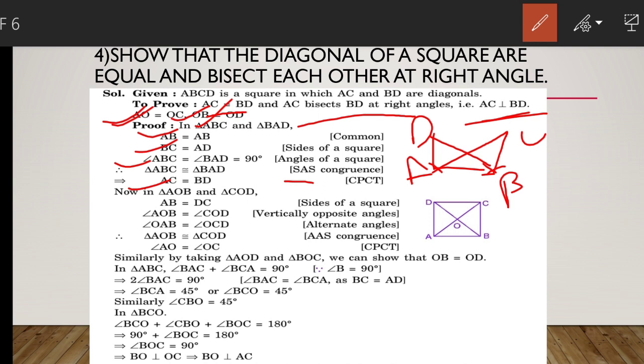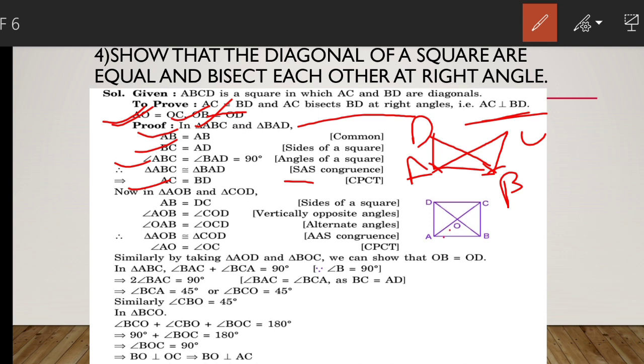Now we have to prove that they bisect each other at 90. That means AO is equal to OC along with OB is equal to OD and angle at O is 90 degree. So now we will consider the triangles AOB and COD.